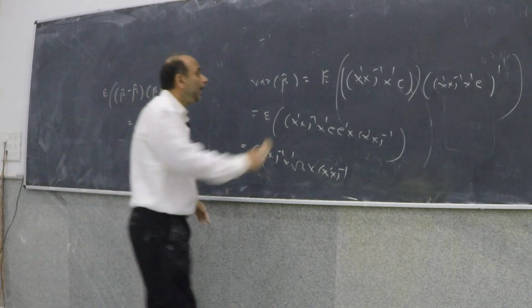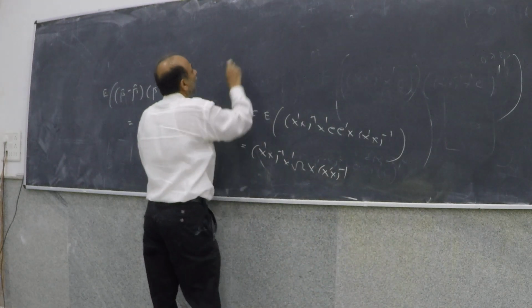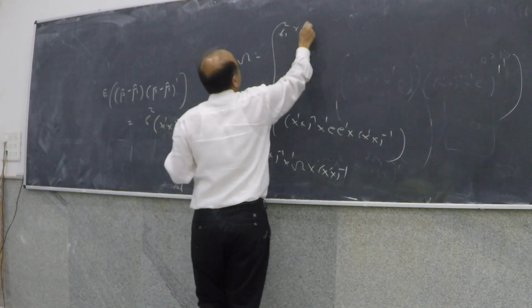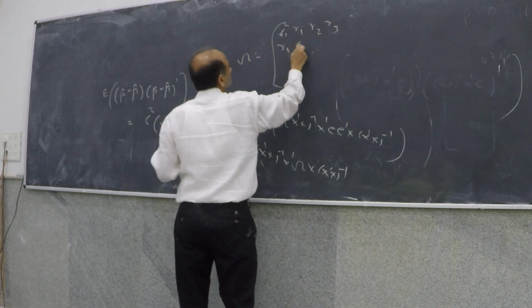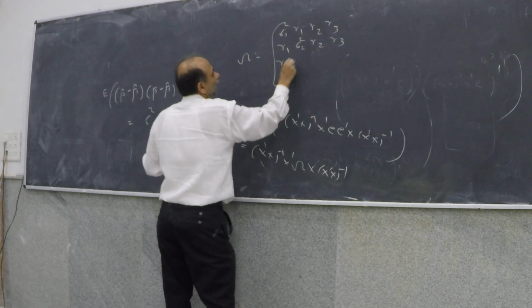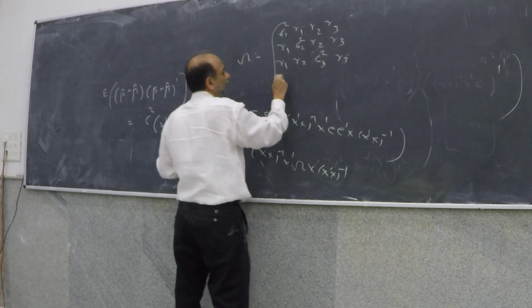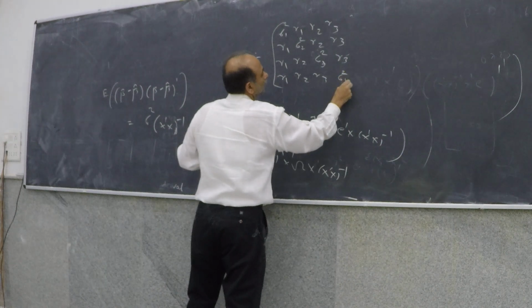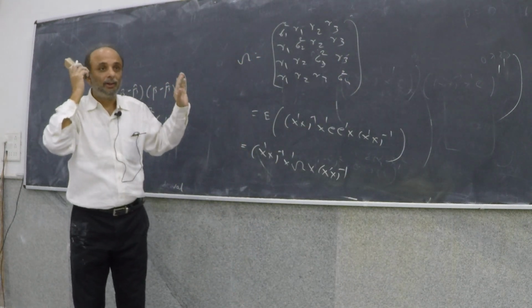Now, omega in general is going to be the following: sigma 1 square, gamma 1, gamma 2, gamma 3, then gamma 1, sigma 2 square, gamma 2, gamma 3, then gamma 1, gamma 2, sigma 3 square, gamma 3, and so on. This is going to be the general form.